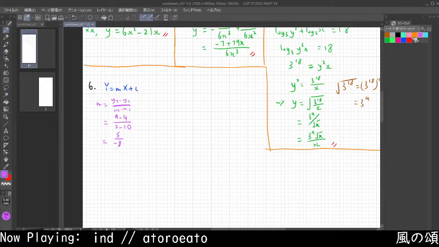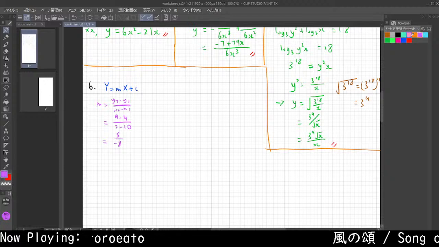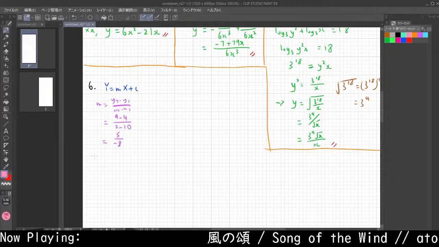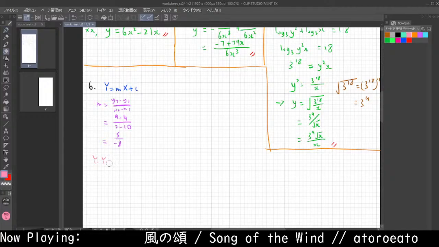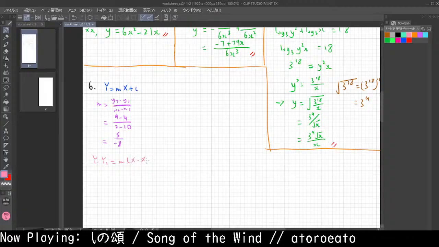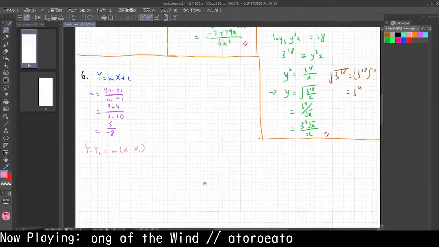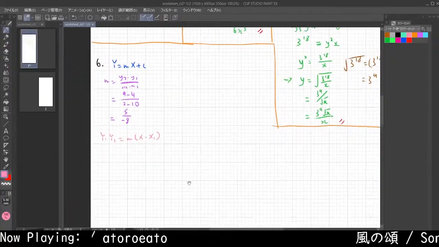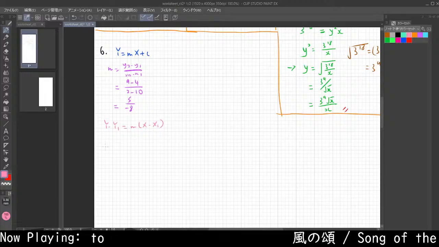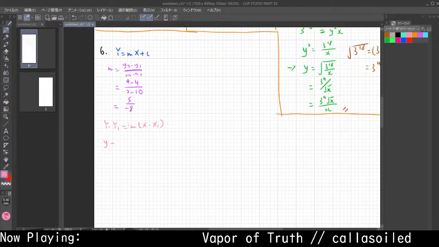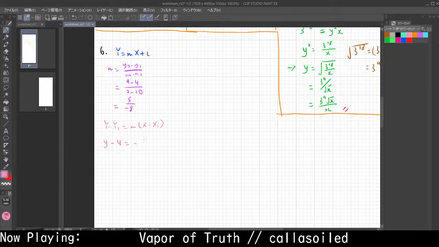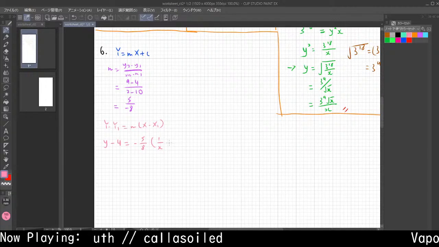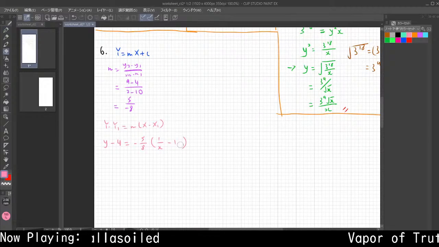Then you don't have your c, so you want to find your c. So if I use the y minus y1 equals m times x minus x1 method, I will basically be getting, actually let me just leave it out. You would get y minus, I'll just use the point (10, 4), so 4, your m is negative 5 over 8, your capital X is 1 over x, your x1 in this case is 10.